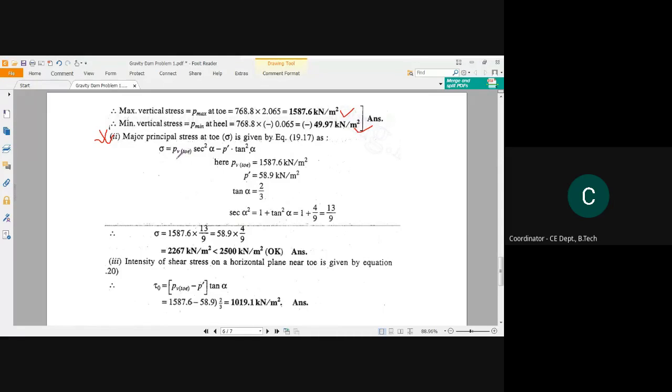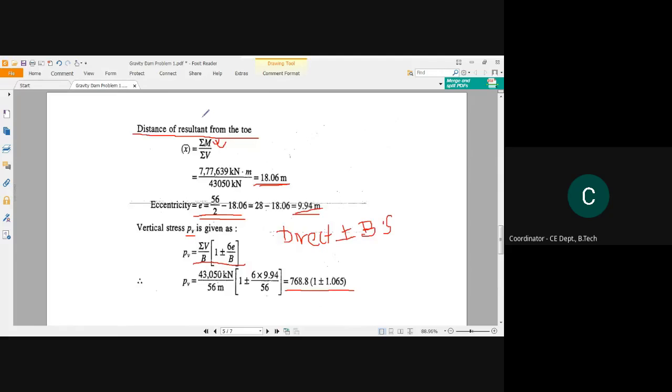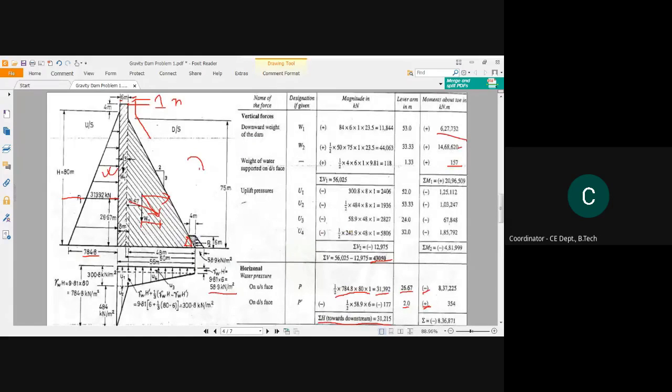Well, what is that PV toe? PV toe is nothing but the maximum vertical stress at toe.